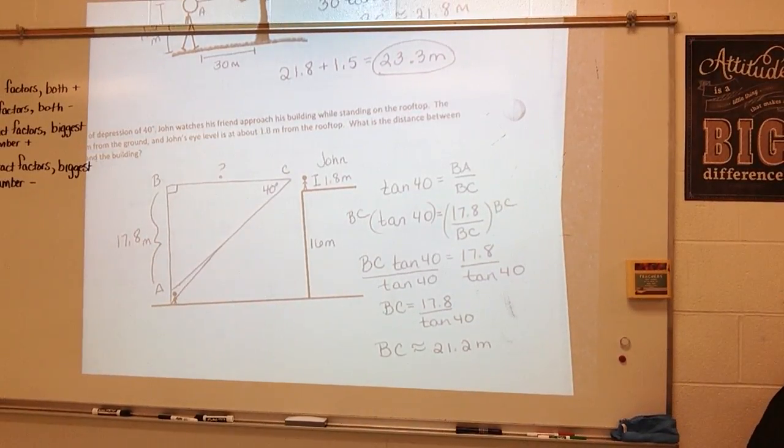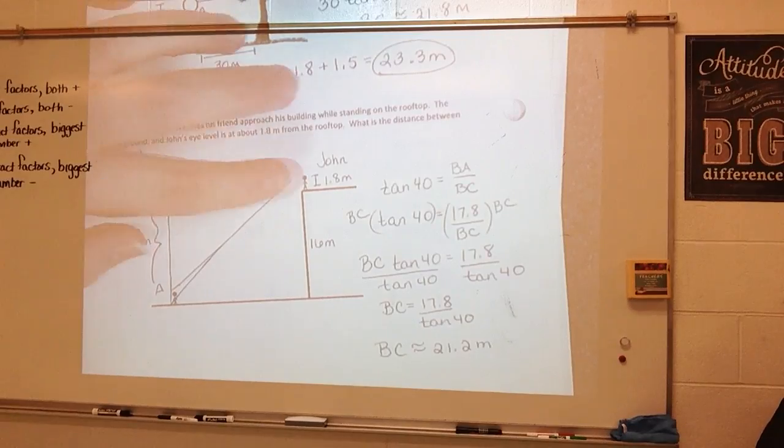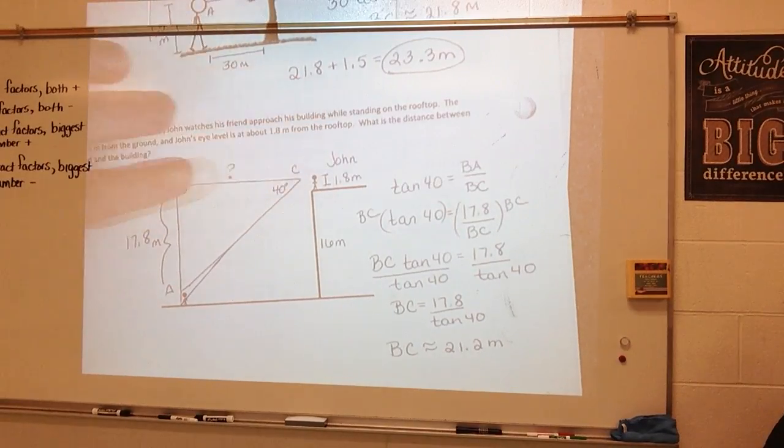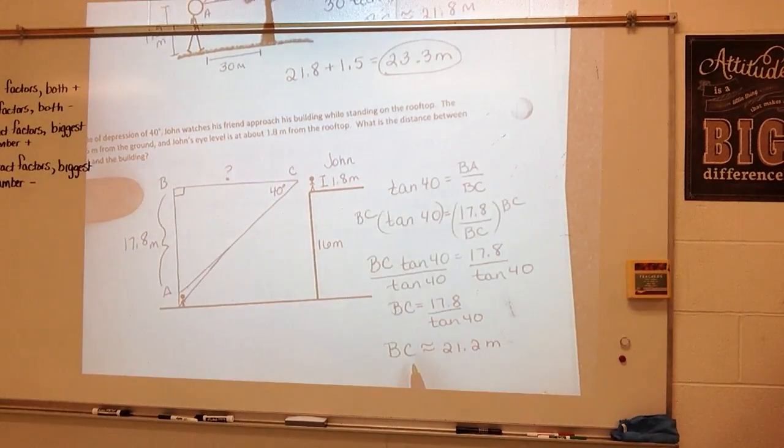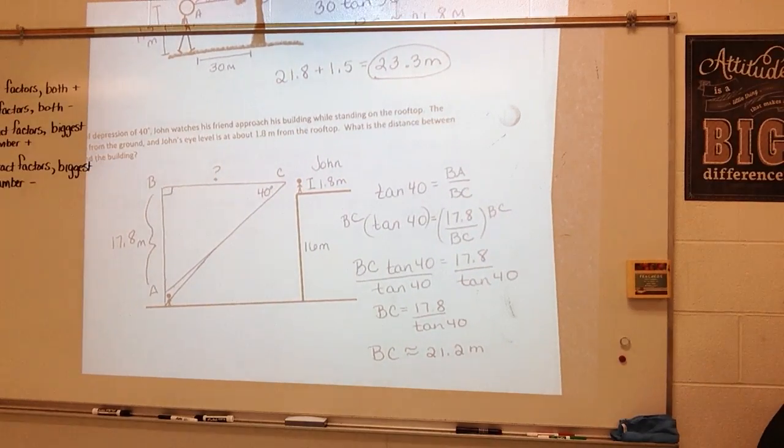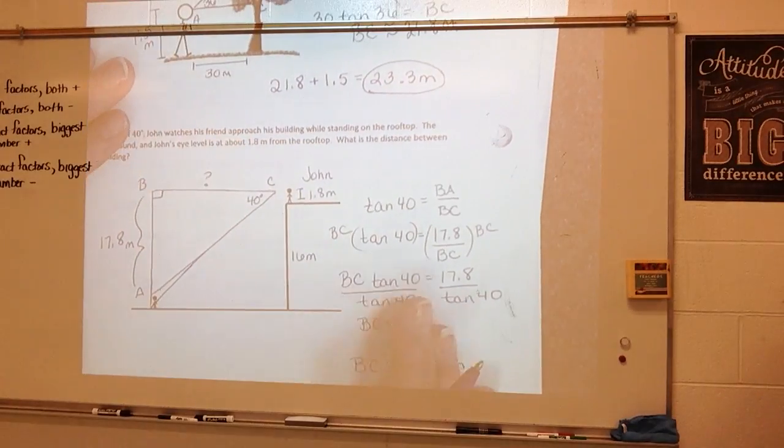All right, so I'm finding this right here. He is approximately 21 2/10 meters from the building. I don't have to go any further with that because that's how far he is from the building.